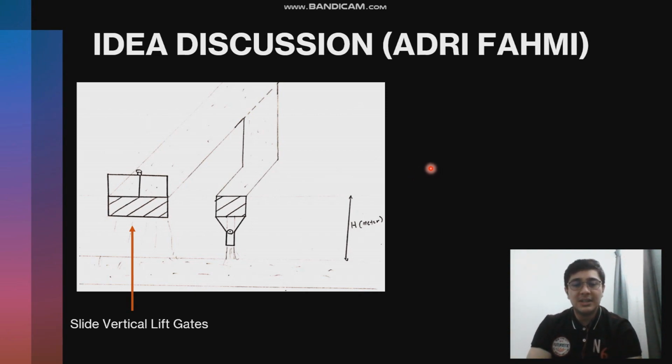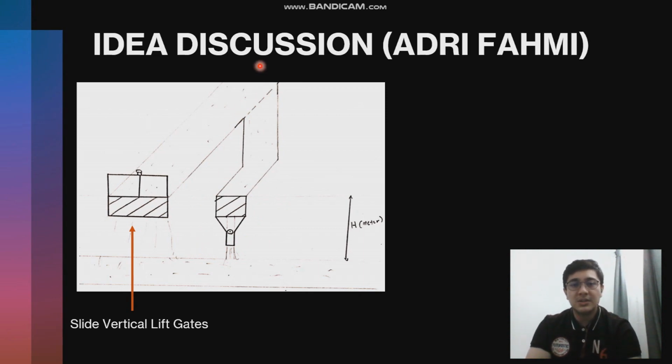If the flow rate is low, this vertical door will automatically close, and this door will open wider so that the water will focus on flowing here, since this is the main pipe for our mini water turbine.